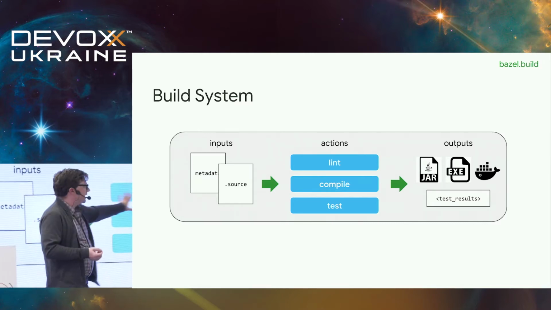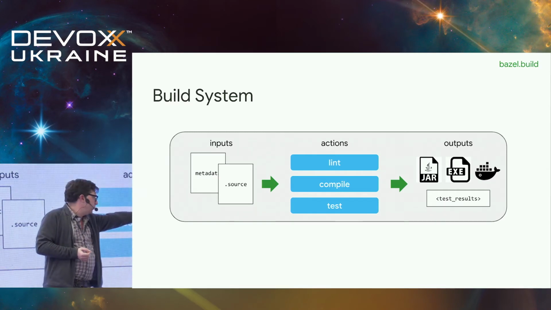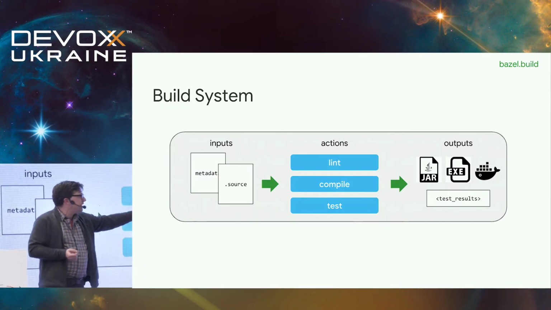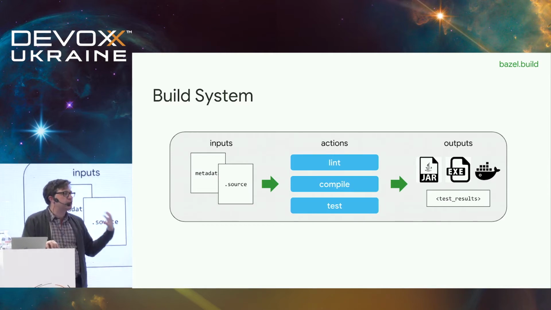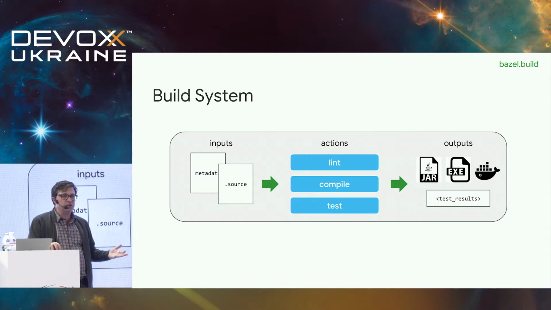You can think of it as kind of a function, takes inputs, does stuff, gives you an output. And that output includes both binaries, artifacts, things that you want, as well as test results that tell you, was this code good or not?